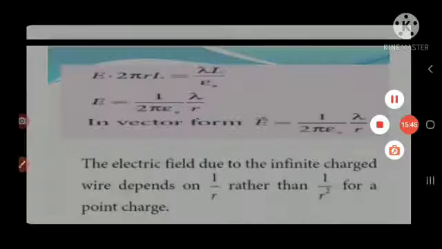Again, using the formula we already found, E into 2 pi RL equals lambda L by epsilon naught. From here you get E equal to 1 by 2 pi epsilon naught times lambda by R. And this is the electric field for an infinitely long wire.